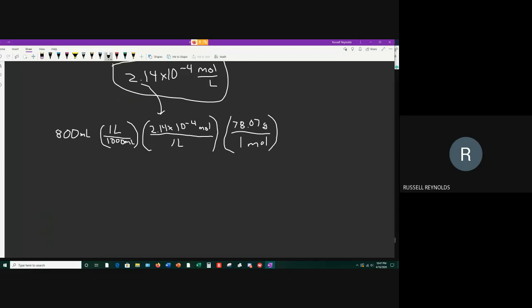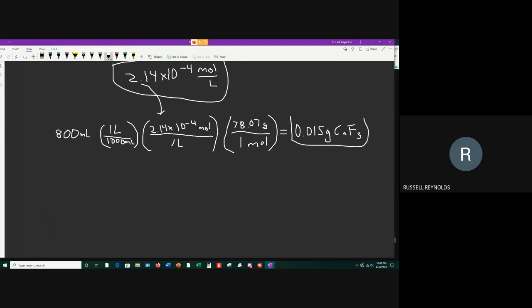And so if you want to, you can pause the video to do this little stoichiometry here. And your final answer should be 0.015 grams of CaF2.